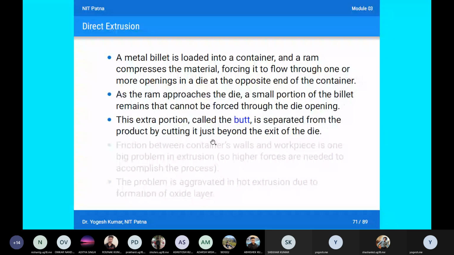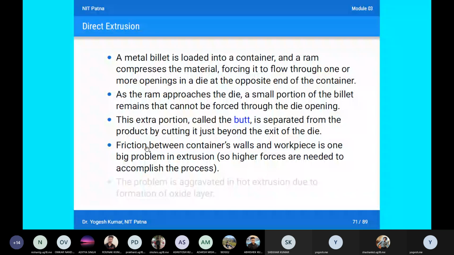Friction is not desirable in the case of direct extrusion, but it cannot be removed. Friction between container walls and workpiece is one big problem in extrusion, and it is so high that higher forces are needed to extrude the work billet in the case of direct extrusion.